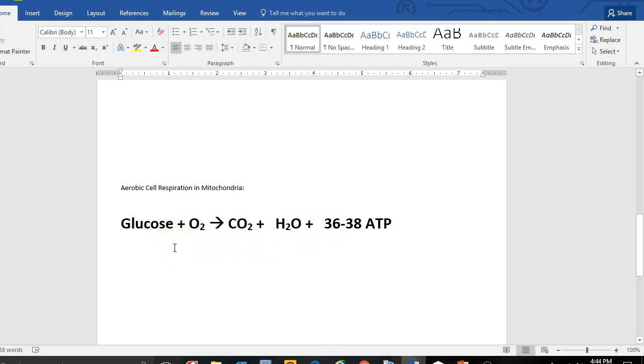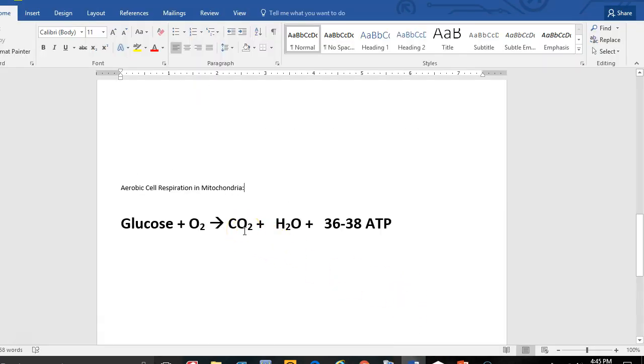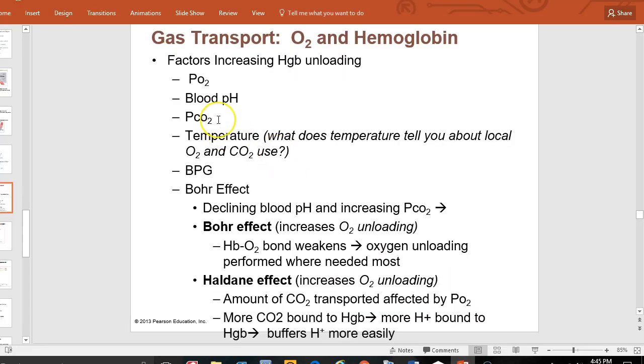So if a cell is actively working, and let's use muscle cells as an example, if you're working out and those muscles are actively working and making ATP, they're using up the oxygen, so the PO2 locally will go down, and they're generating or making CO2, so the partial pressure of CO2 goes up. So in both of those cases, that active tissue needs more oxygen.